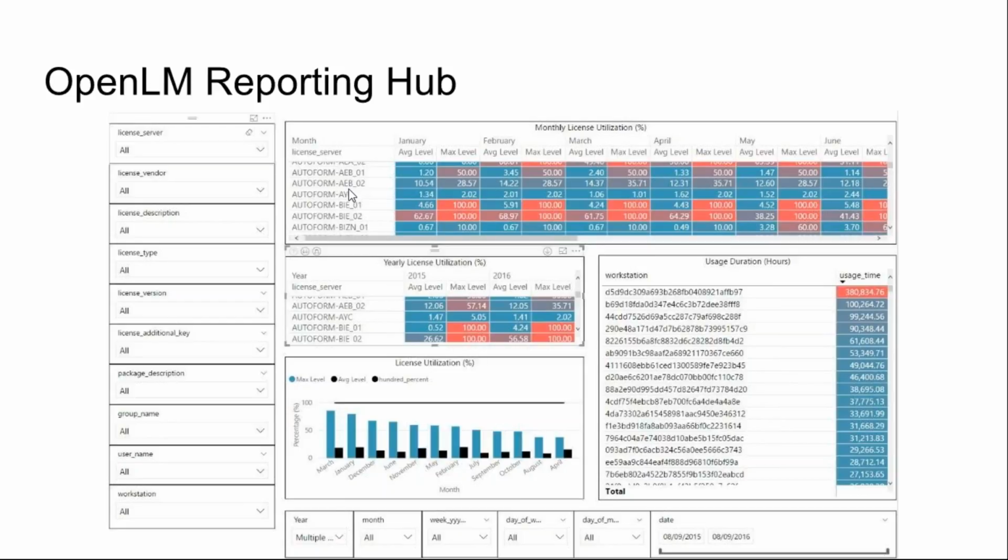this report has calculated measures which you cannot really get from the OpenLM Core report. You can only create it here. So this gives you much flexibility when designing your report.